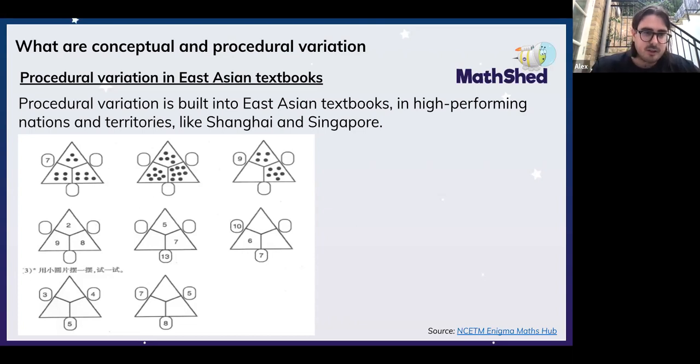So here we can see all of these different single digit addition sentences, and each one is carefully sequenced. We start off with these pictorial representations of dots. Then we move on to using numbers within this sort of triangle frame.